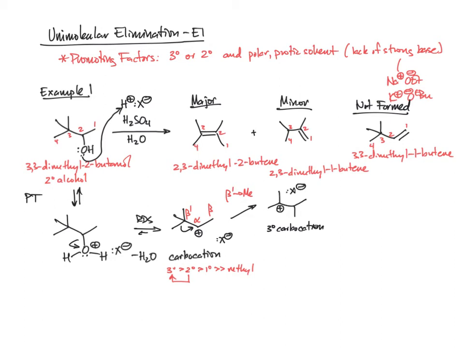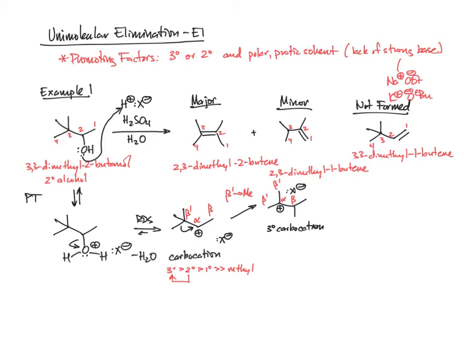So now since we formed a new carbocation, we'll go ahead and now call this alpha and establish the new beta carbon. So we have beta here, and then these two methyl groups we'll call beta prime. So they're, again, equivalent. So beta prime, beta prime.